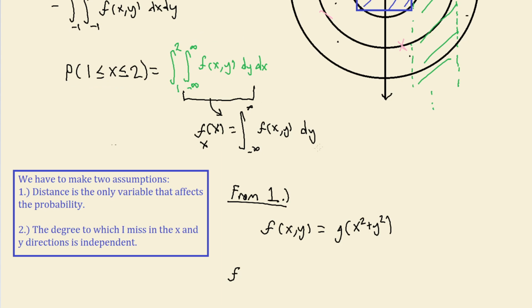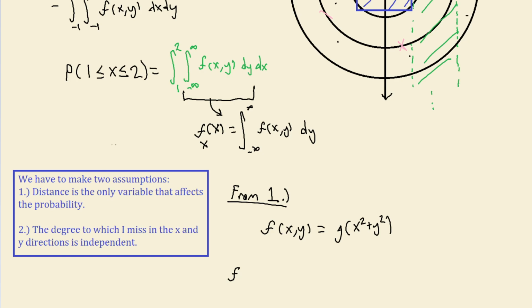So this expression here is what we're integrating over. And so this expression is a probability density function for x. Integrating over this is going to give us a probability of landing in some range of x values.